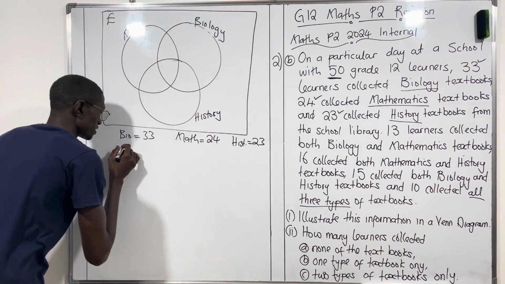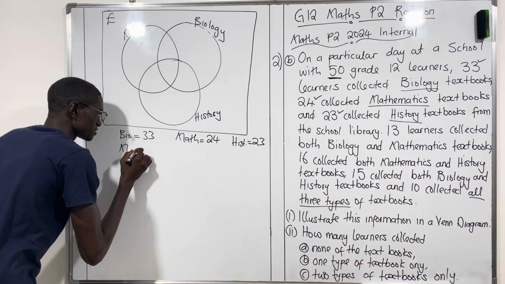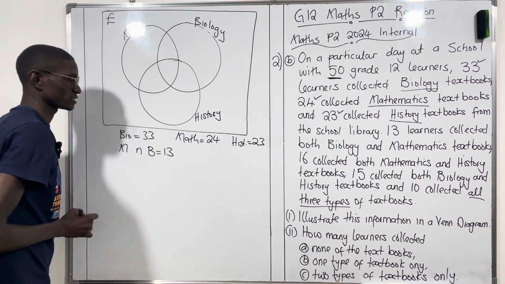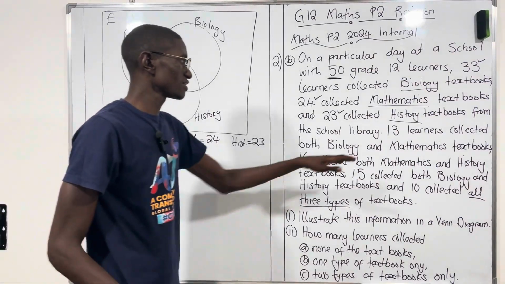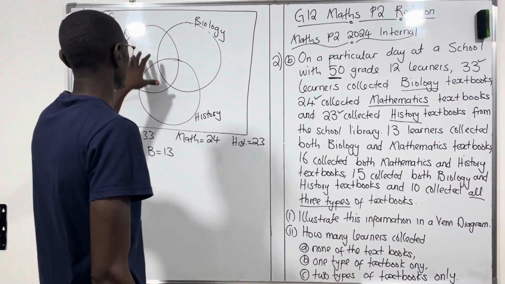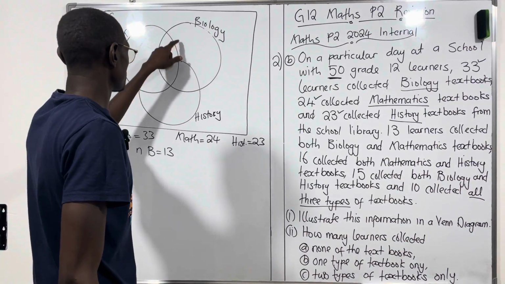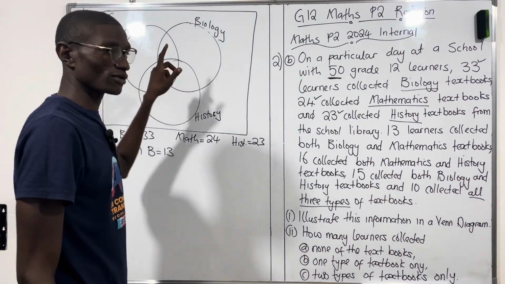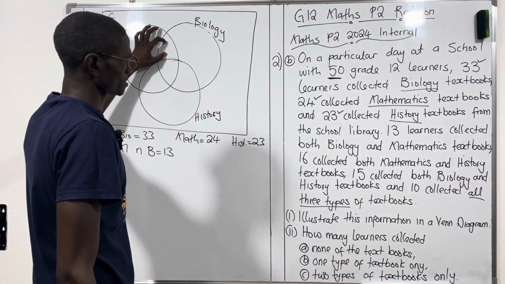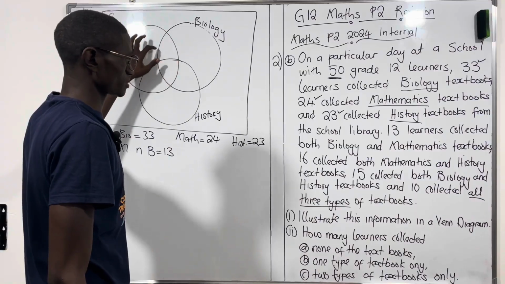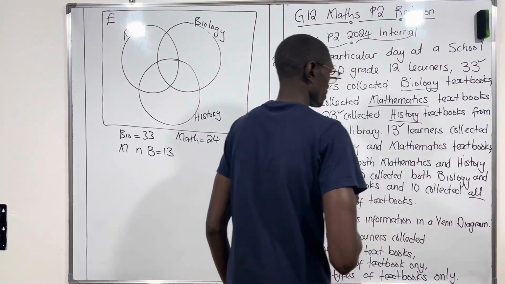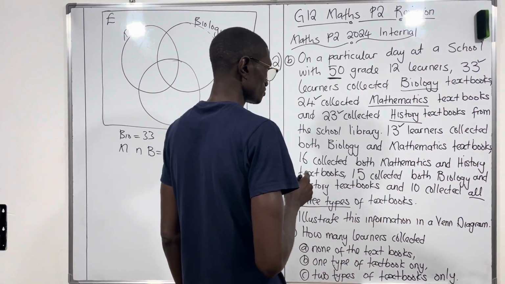So this is more like math intersection B is equal to 13. If it said only, it would imply just this segment there. So we've taken note of the 13. We'll go to the next one.